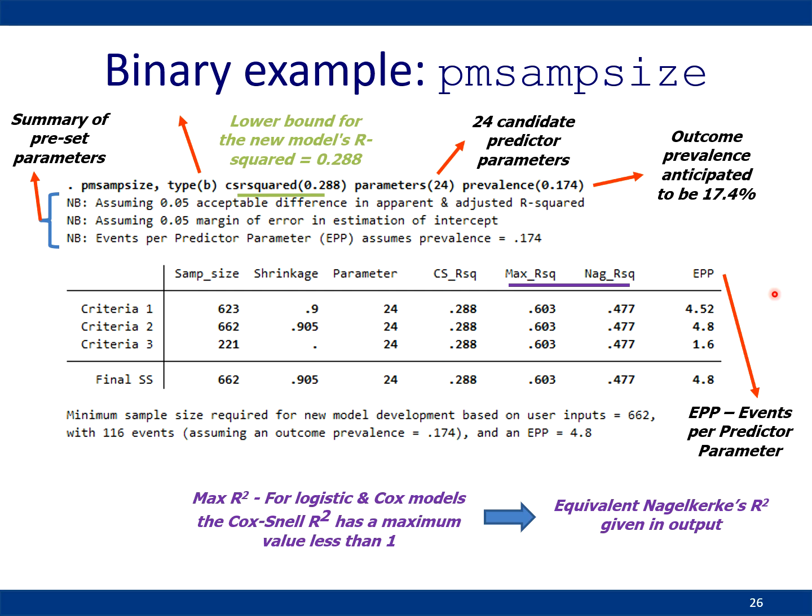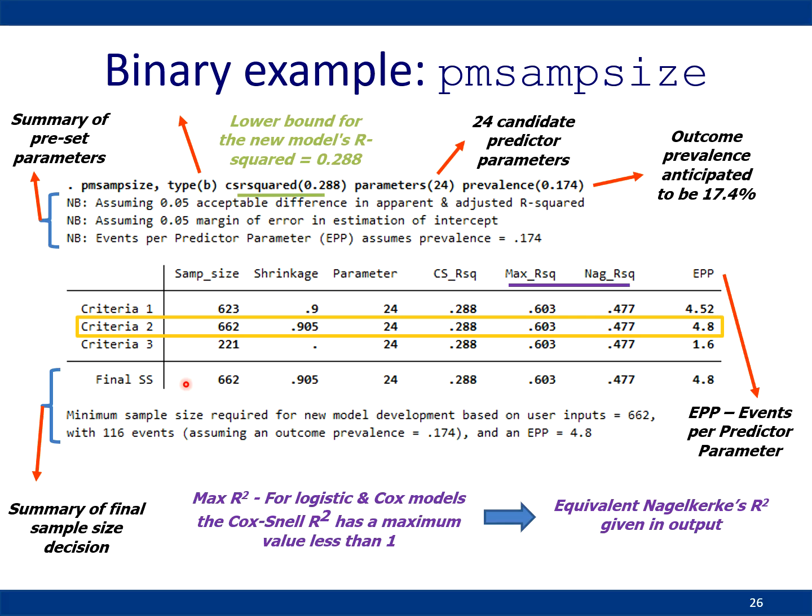So finally, moving down, we can see here we have a summary of the final sample size decision. So we take the maximum value of the 3 criteria as our minimum sample size required. So in this case, we can see that criteria 2 wins out, and it gives us a final sample size required as a minimum of 662 patients for our new development study.